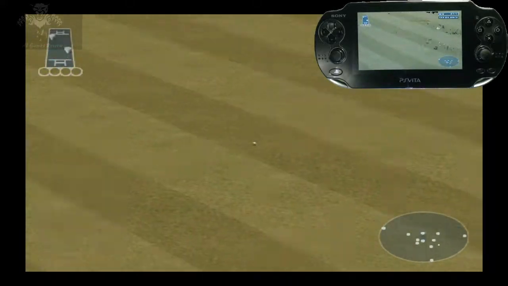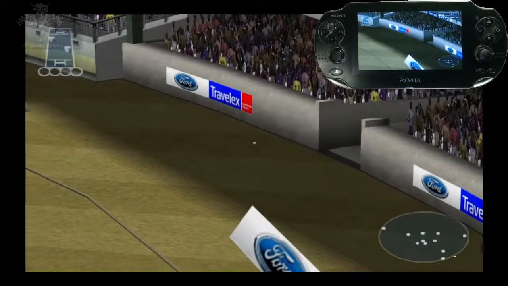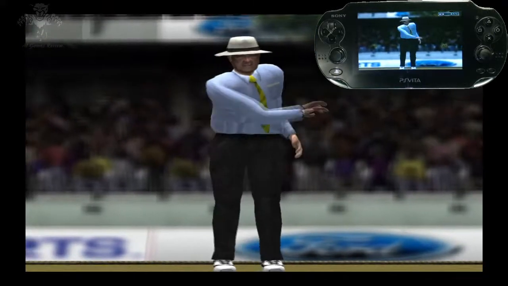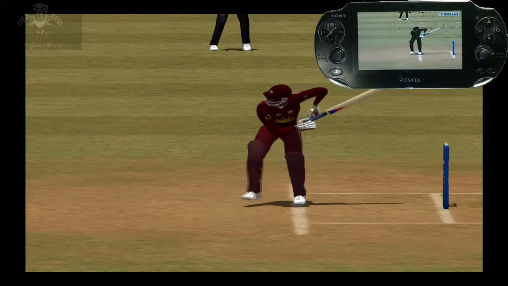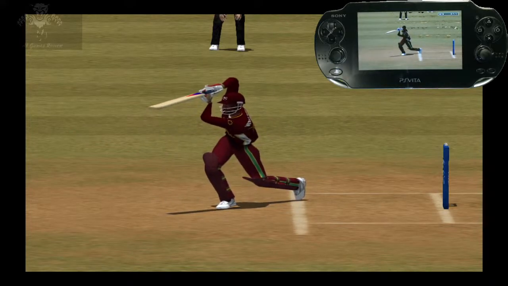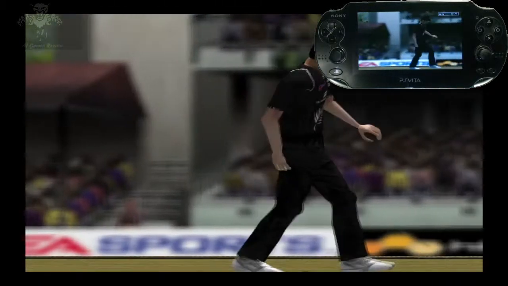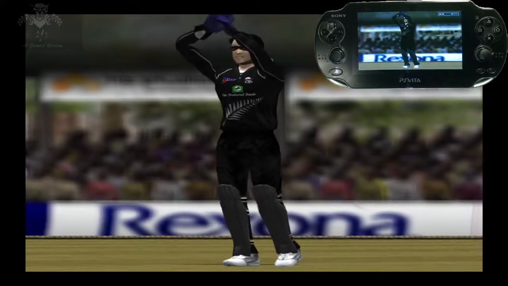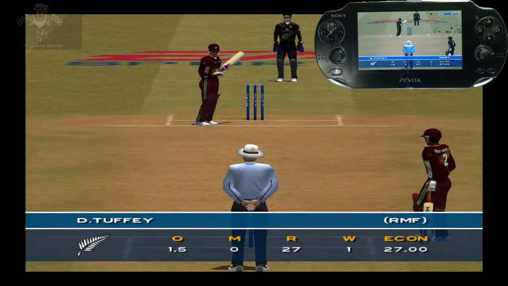There'll be runs here. That'll be 4 more to the total. He found the gap with precision. That is a classic cover drive. Foot to the pitch of the ball and it's disappeared for free. Tuffy with the final ball of his spell.